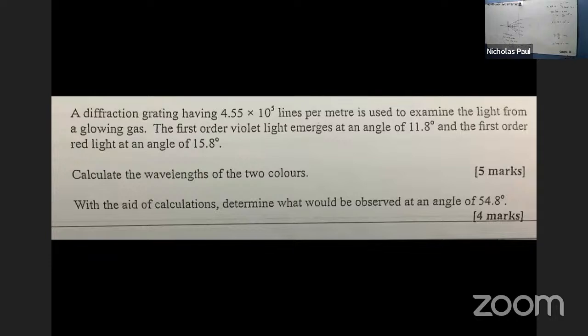So this is saying 4.55 by 10 to the 5 lines in 1 meter. We need to find for one line. That'll be A. So it's 1 over 4.55 by 10 to the 5.